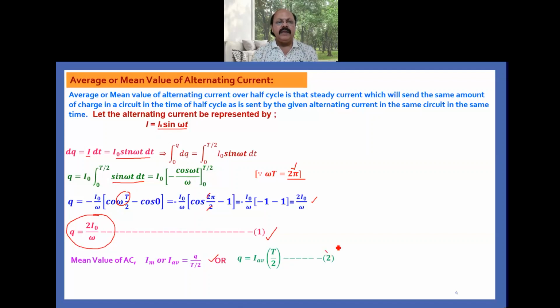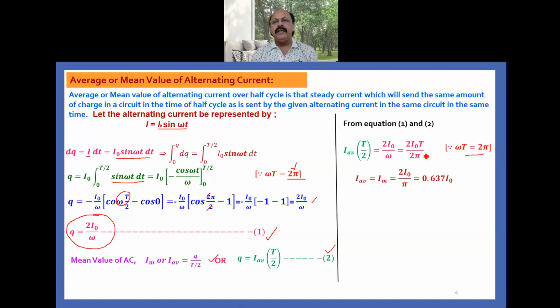Now from here q is equal to I average into T by 2. Now from equations 1 and 2 we have to solve it, and we get I average T by 2 equal to 2 I naught upon omega, and you substitute in place of omega 2 pi upon capital T by using this formula. So you will get 2 I naught T upon 2 pi. Then after that what you will get?